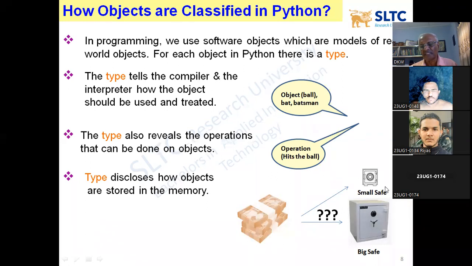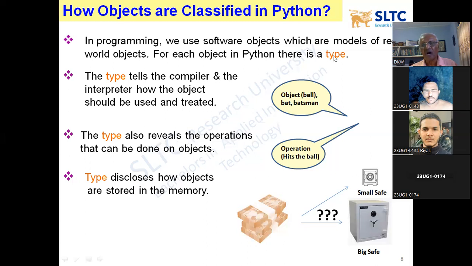Take money: if you are a poor person, you need a small safe to store it. But if you are a very rich person, you need a very big safe. Likewise, in the computer, this is the memory you need. For some objects we need big memory, for some small memory.